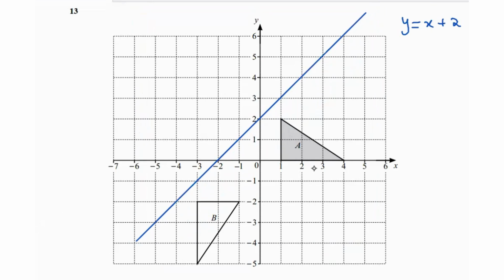Now A is being reflected in y equals x plus 2. So if it's being reflected over here, that means this point will be this. Then this point is this.